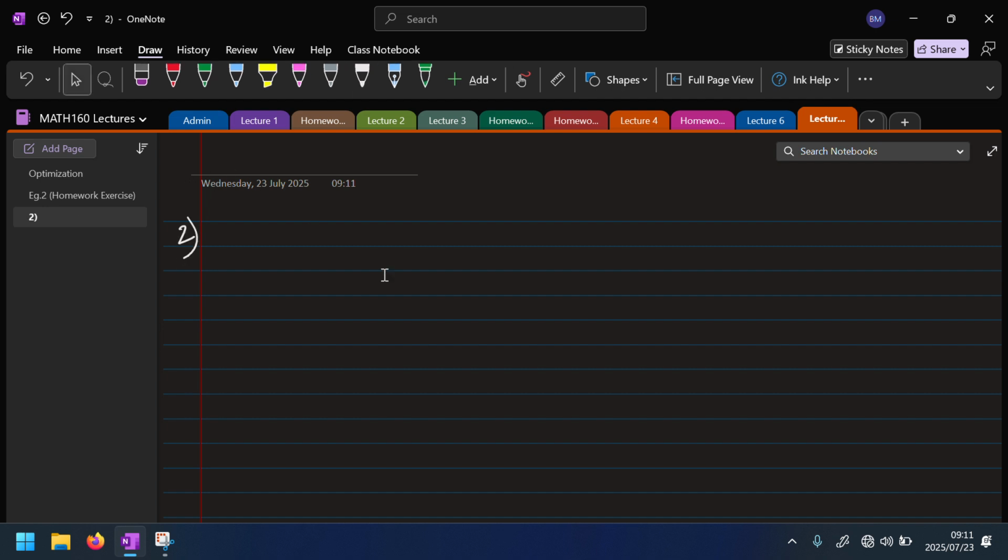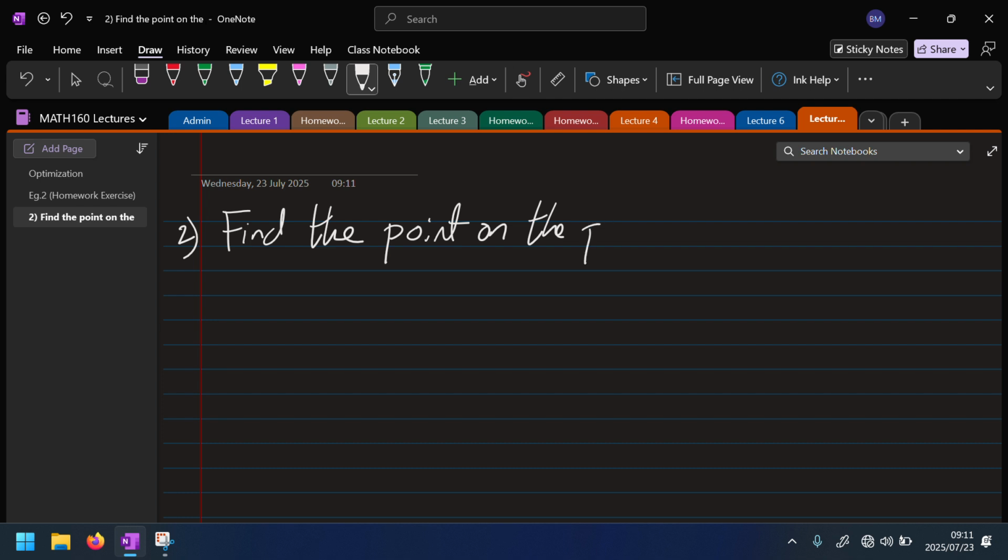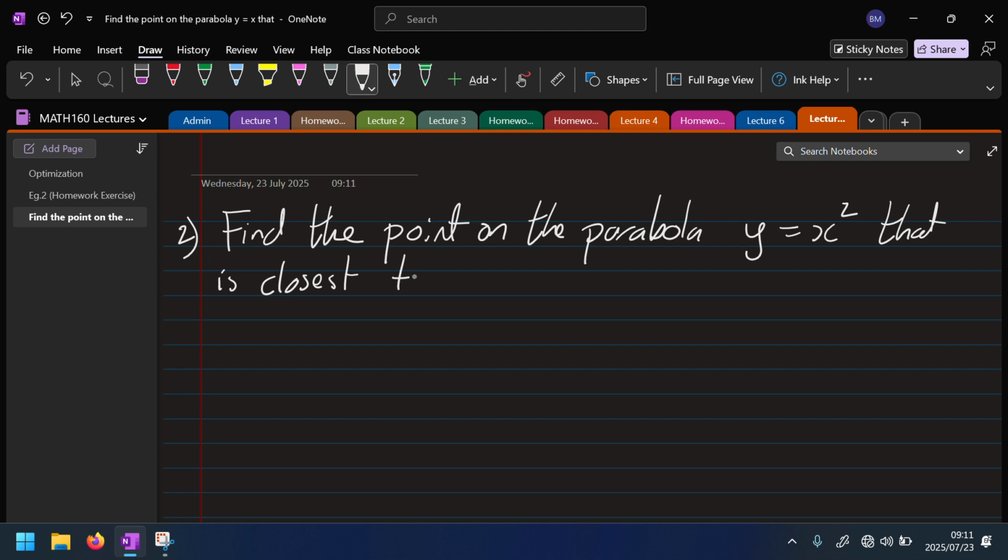Okay. So number 2. Find the points on the parabola y equals x squared that is closest to the point 1, 4.